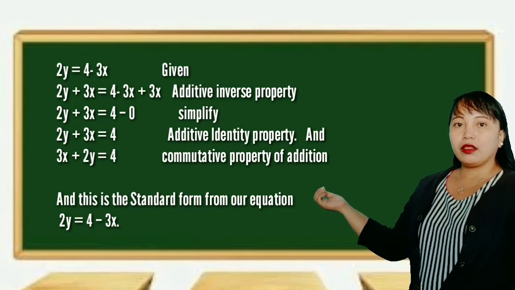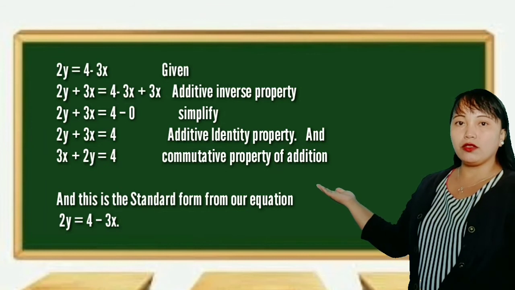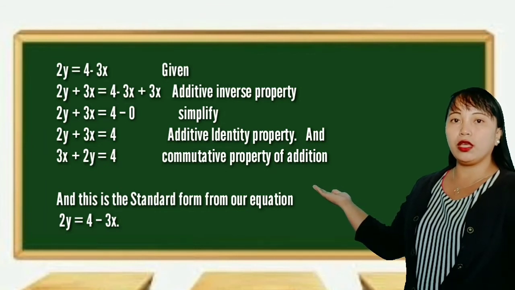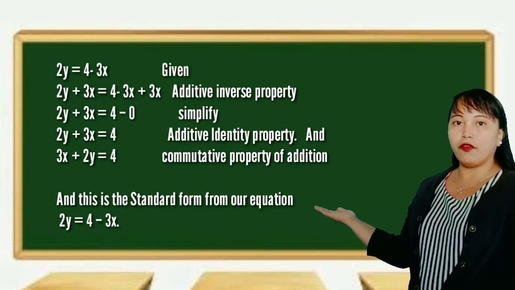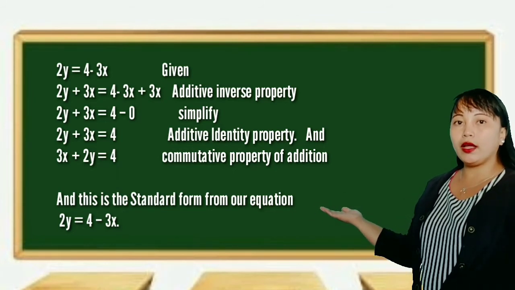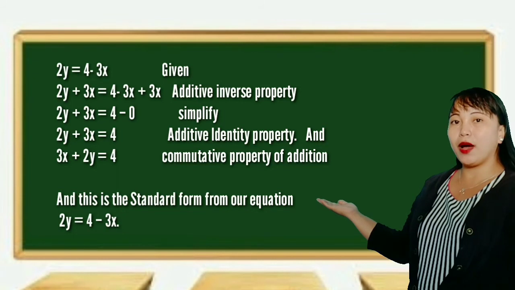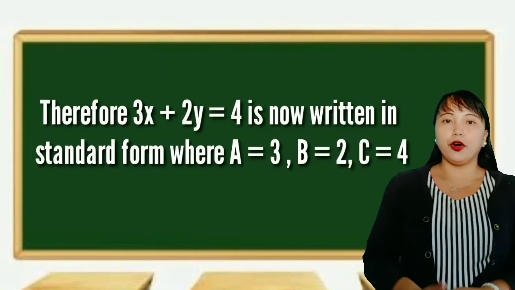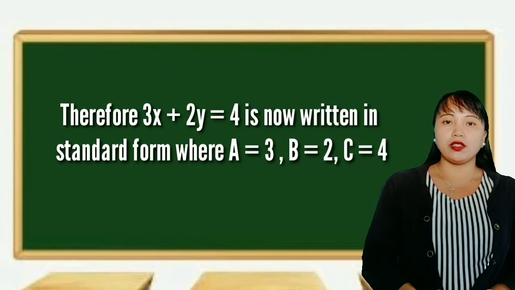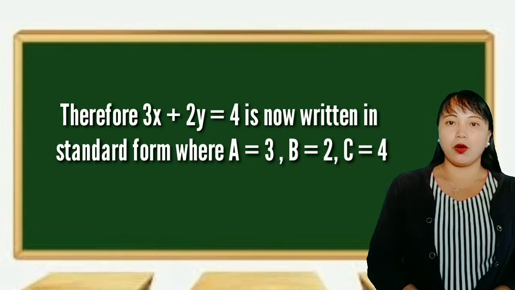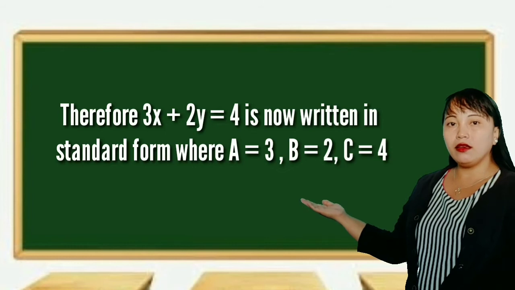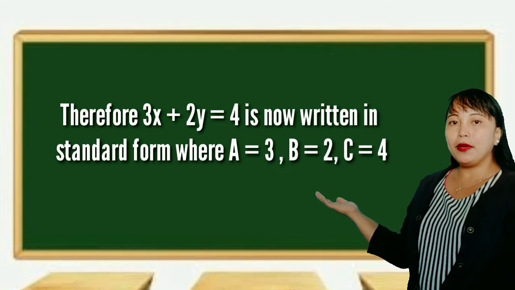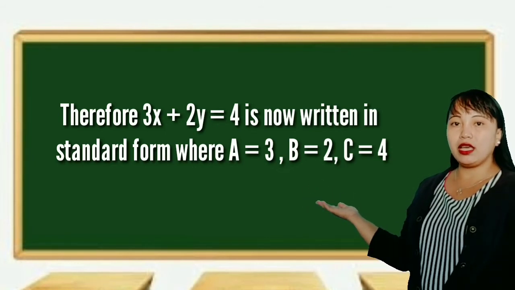And 3x plus 2y equals 4, by the commutative property of addition. And this is the standard form of our equation 2y equals 4 minus 3x. Therefore, 3x plus 2y equals 4 is now written in standard form where a is equals to 3, b is equals to 2, and c equals 4.